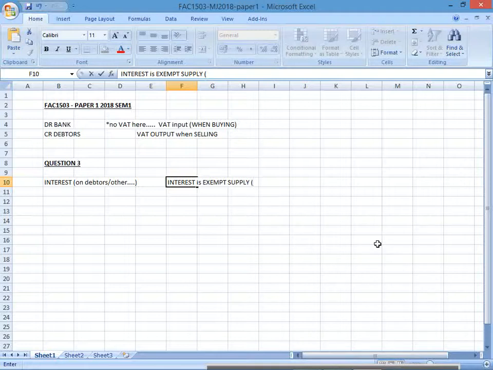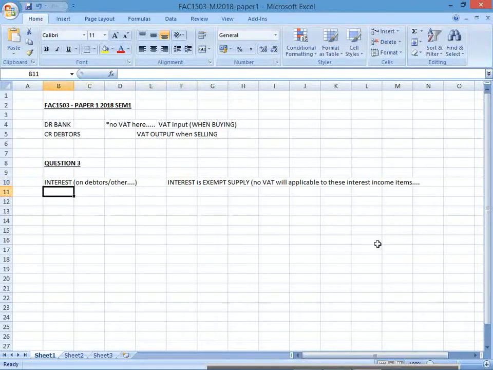Interest is exempt, no VAT will be applicable to these interest income items. It doesn't matter what interest. It can be interest on debtors, interest on trade receivables, interest on the favorable bank balance, interest on whatever. Makes no difference. VAT wouldn't be applicable there.